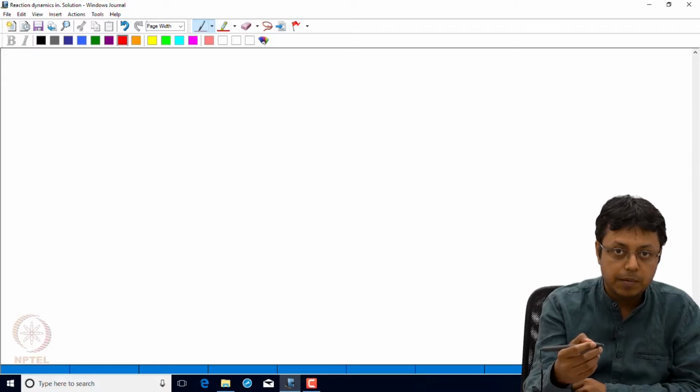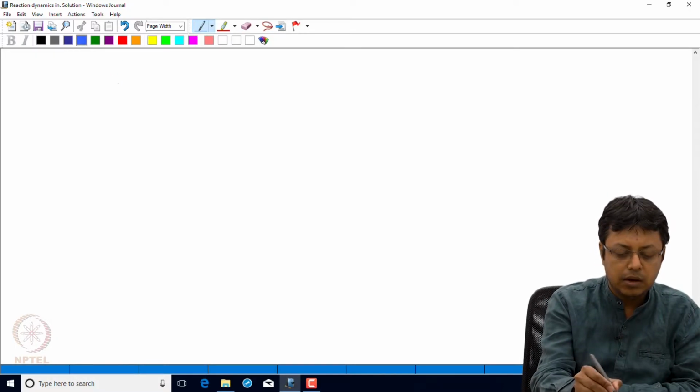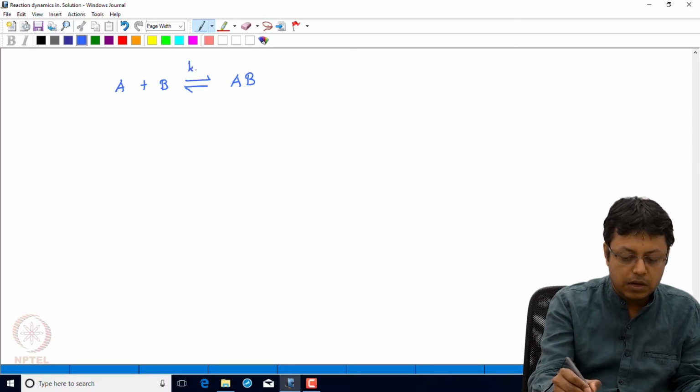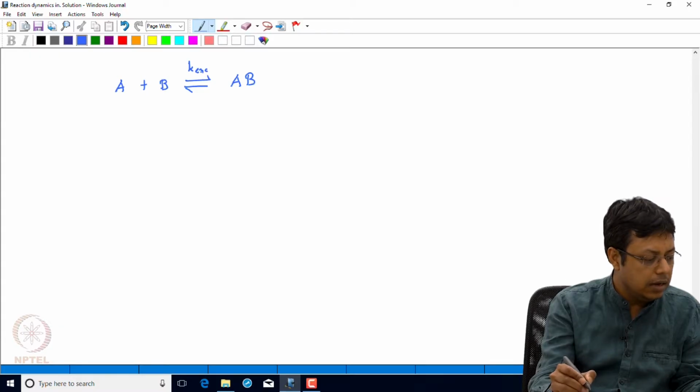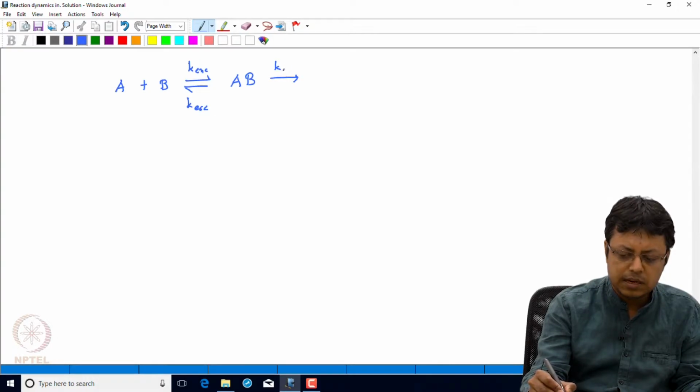Now we can actually develop a model based on that. So the language which I just told is something already known to you. I have two reactants, say A and B, and then we are forming some complex which I already wrote many times, and then we have some forward rate. So we call it an encounter rate, and then there is an escape rate, and then this AB in the second step actually forms a product, and this is basically the rate of reaction or rate of product formation.